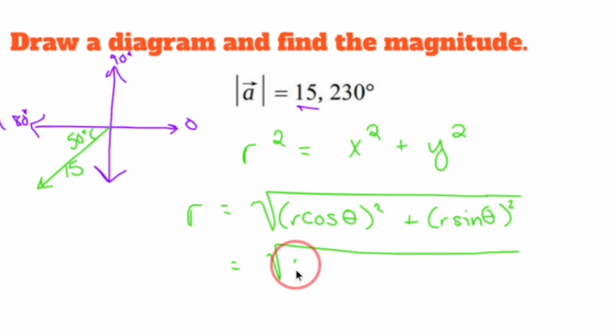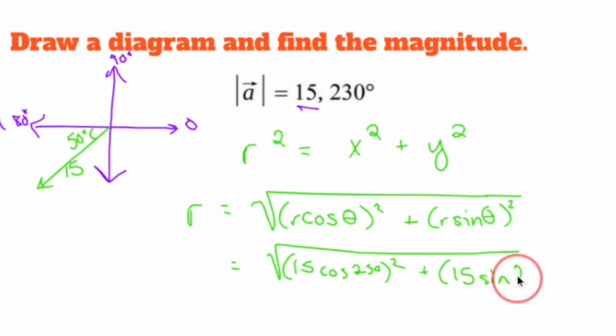R is 15. Cosine 230 squared plus 15 sine 230, close it, squared, move that over.